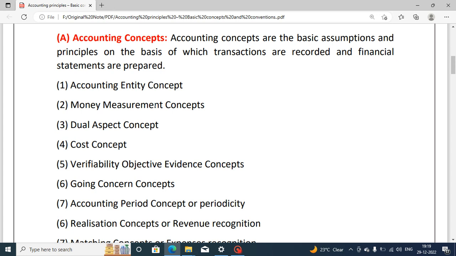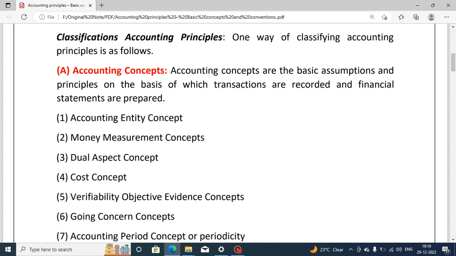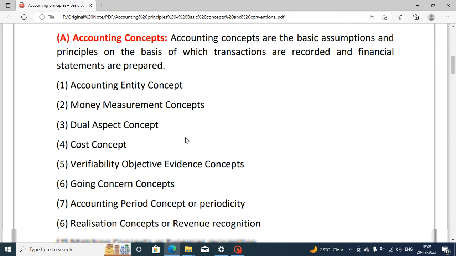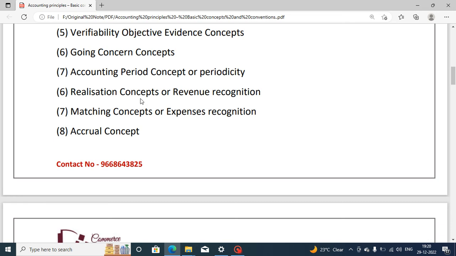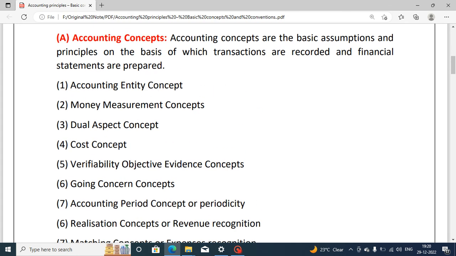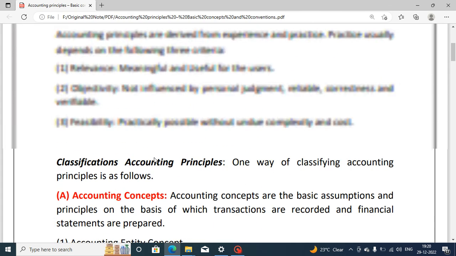For example: accounting entity concept, money measurement concept, dual aspect concept, cost concept, verifiable objective evidence concept, going concern concept, accounting period concept or periodicity, realization concept or revenue recognition, matching concept or expenses recognition, and accrual concept. So these are the concepts under accounting concepts.